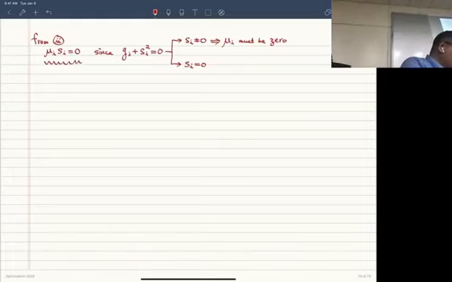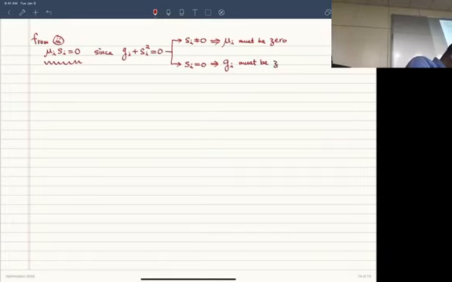How about the bottom case? When s i is zero, then g i must be zero, right? So over here, g i must be zero. Okay, so there are several different kinds of situations. So either mu i be zero or g i be zero, right?